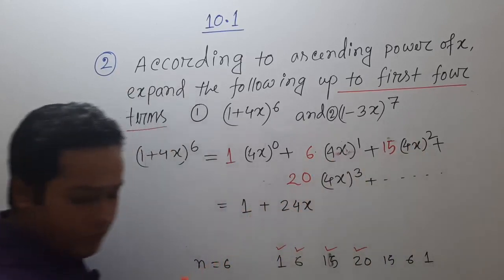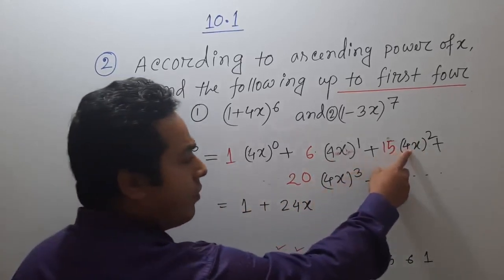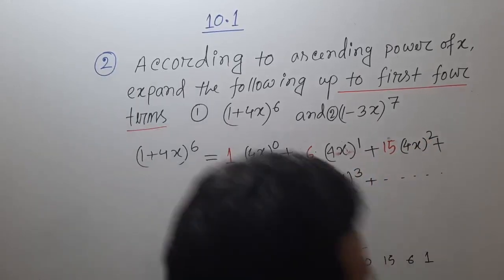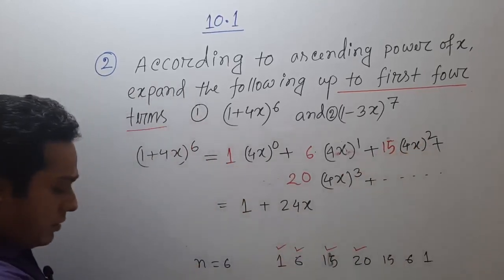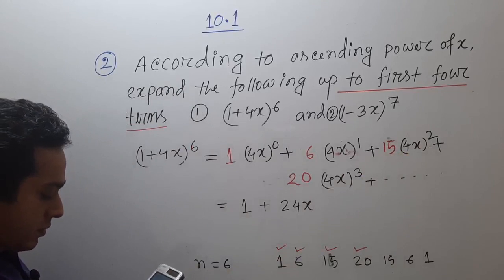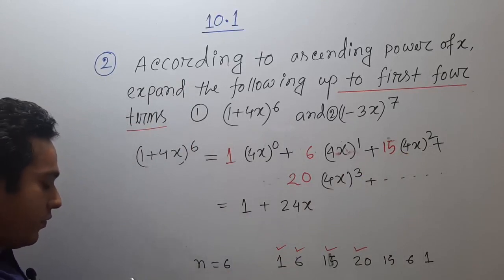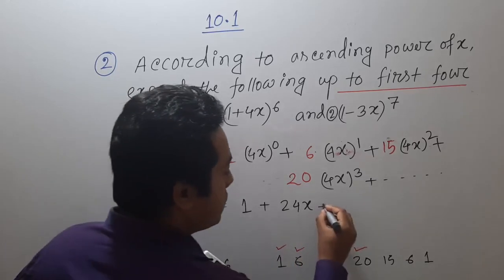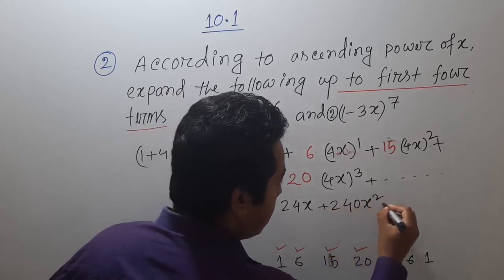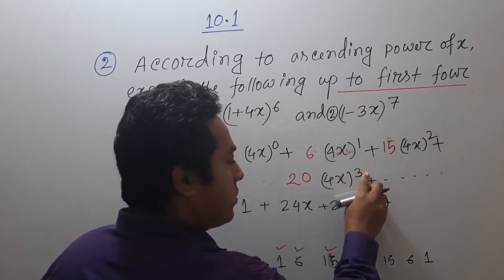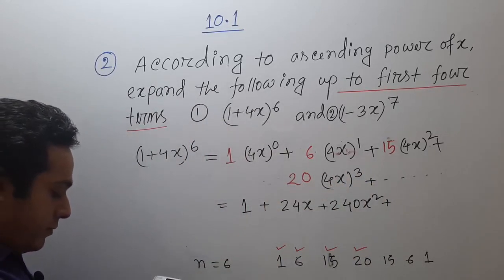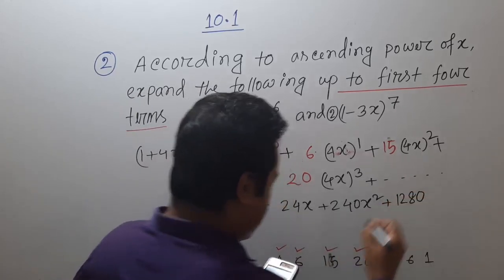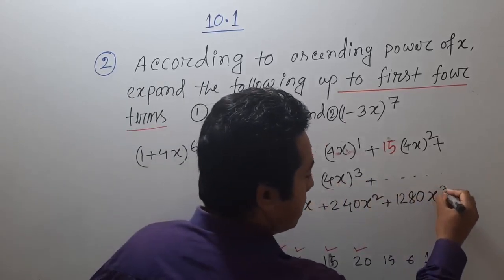Then 4 squared is 16, so 16 into 15 is 240, giving 240x squared. Then 4 cubed is 64, and 64 into 20 is 1280x cubed.